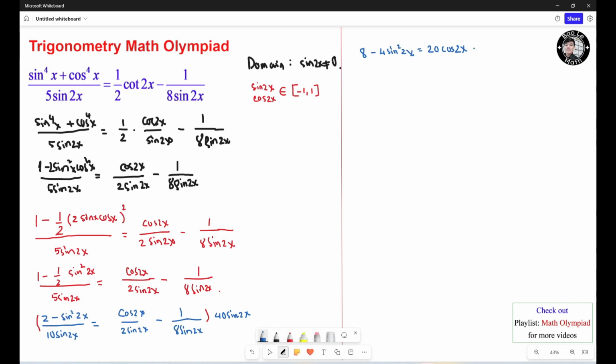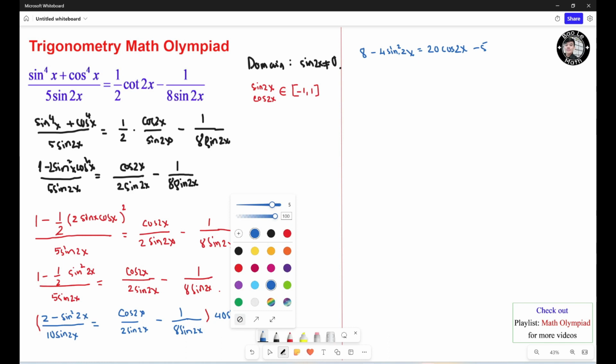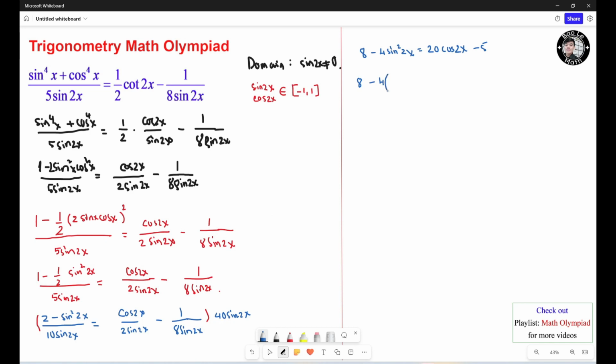We know that sin^2 plus cos^2 equals 1, so 8 - 4 sin^2 2x becomes 8 - 4(1 - cos^2 2x), minus 20 cos 2x plus 5 equals 0.